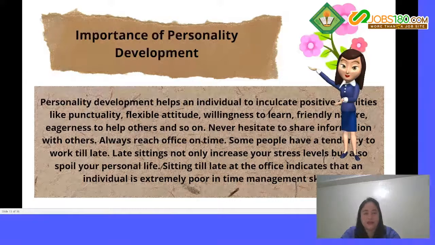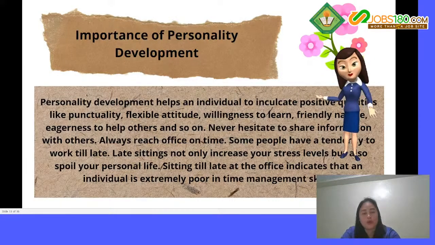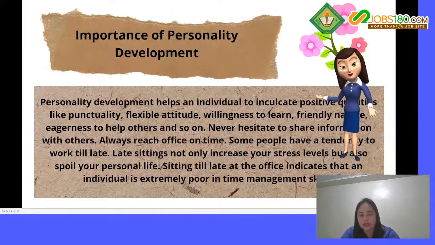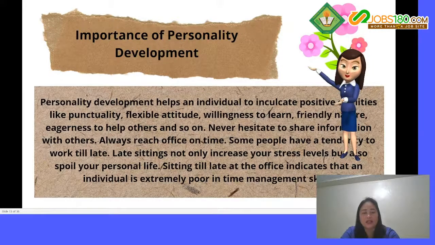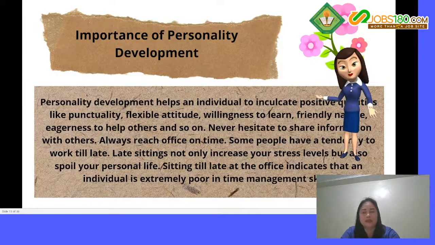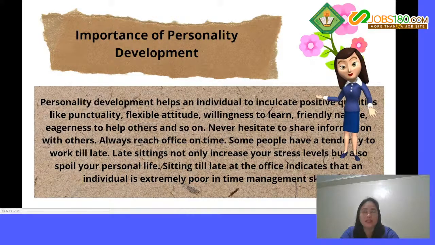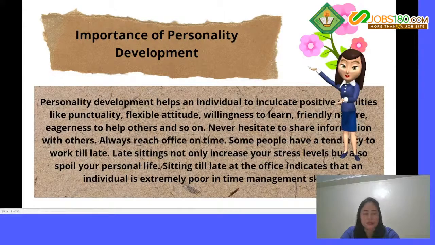Okay? Laging wag malilate, be on time to your office. Wag mo nang gayahin yung ibang tao na nalilate lagi. Okay? Yung mga halimbawa ng laging nasa office, kunwari sabihin na, "Ay, ang sipag," kasi nandun pa siya sa office, nagtatrabaho pa.